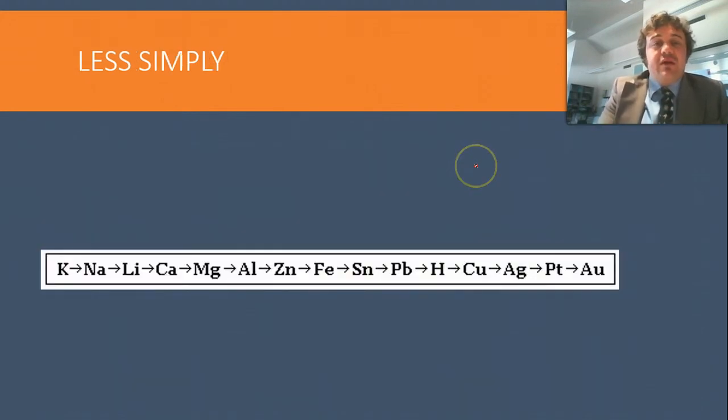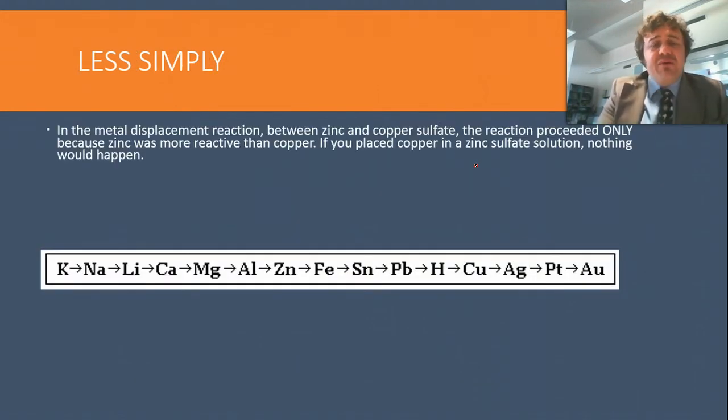All right. Now, here we're going to have a quick look at the, what's this called? The activity series. Basically, in metal displacement, the active metal displaces the less active metal. So if we place copper in zinc sulfate, nothing's going to happen because the copper is not as active as the zinc.